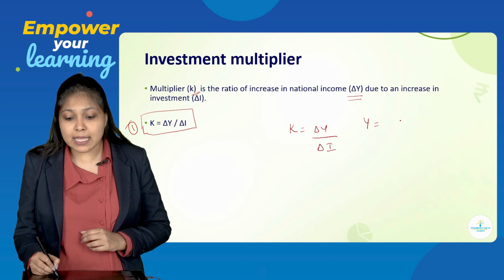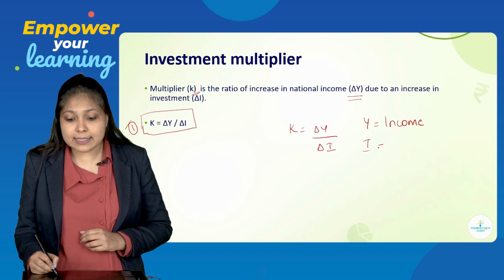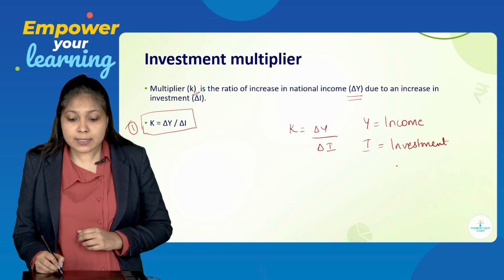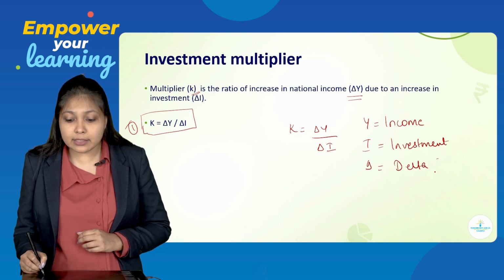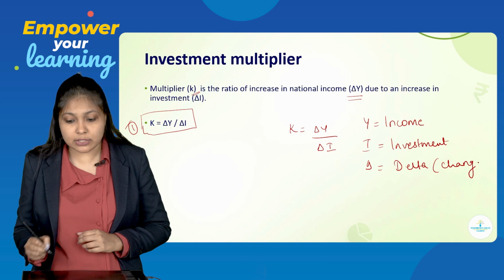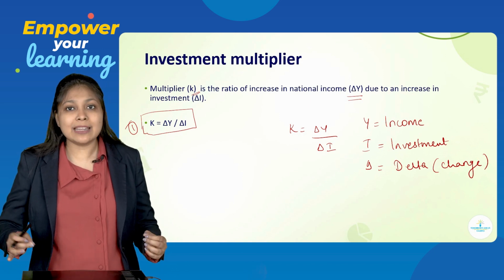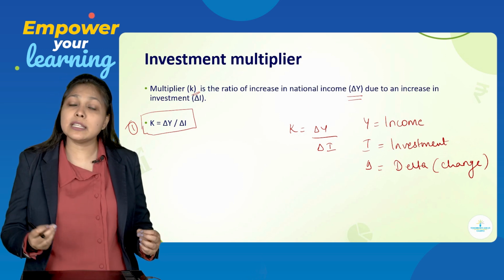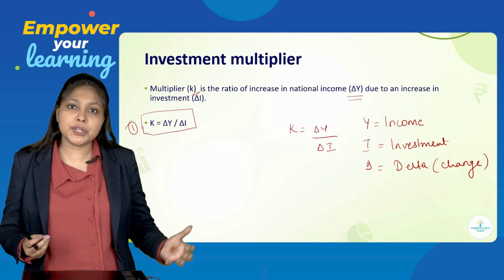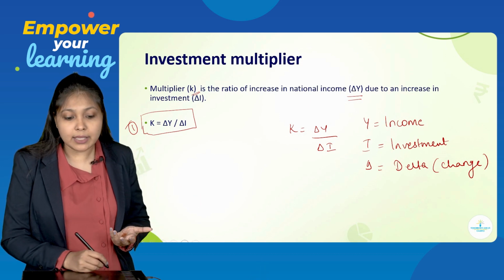Here Y stands for income, which by now we all should know, and I stands for investment, which also we should know. The small triangle is called delta, and this shows change. So change in income upon change in investment. That means if investment is done in the economy, by how many times my income will generate in the economy.